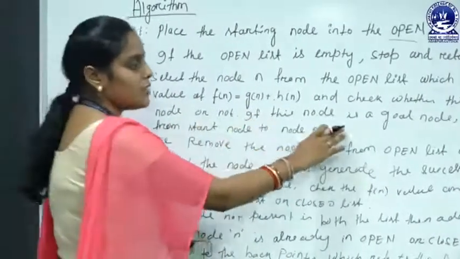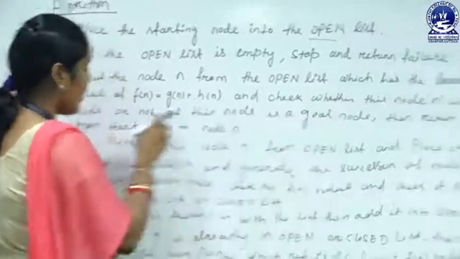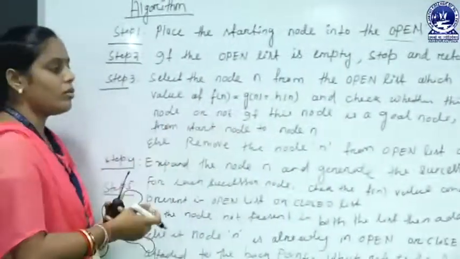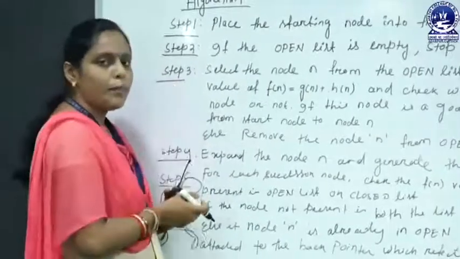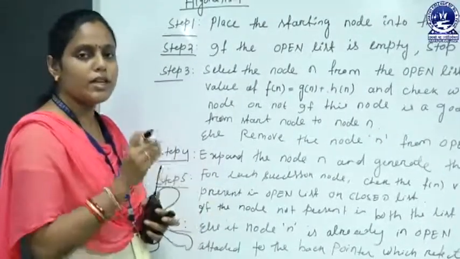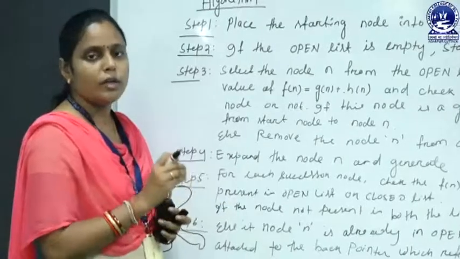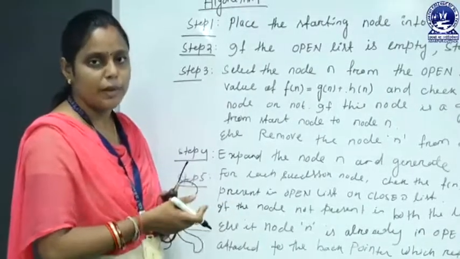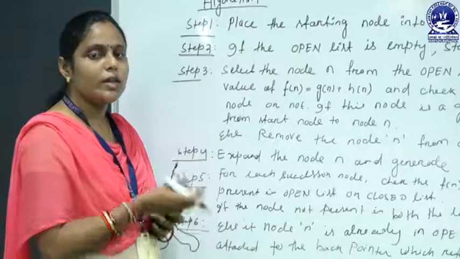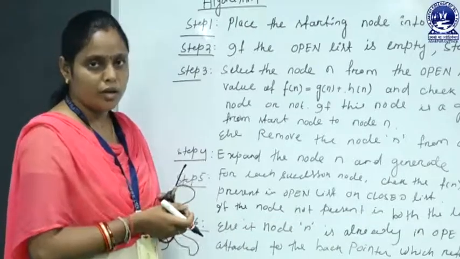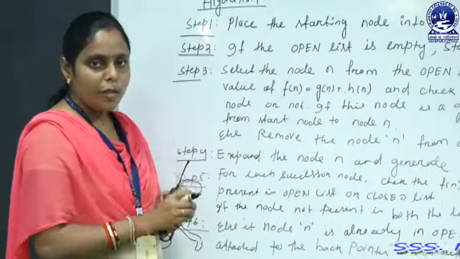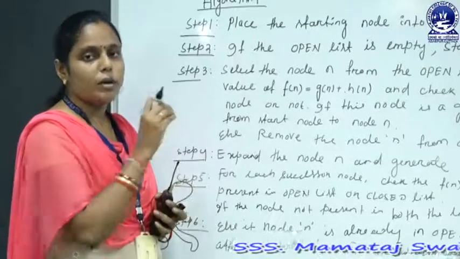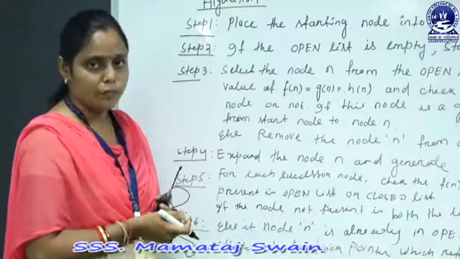If it is a goal node, we stop the algorithm and return the path from the starting node to that node.